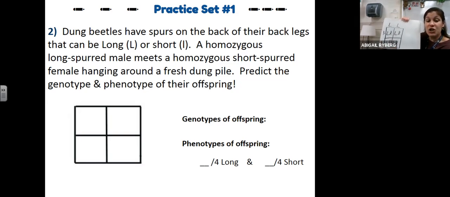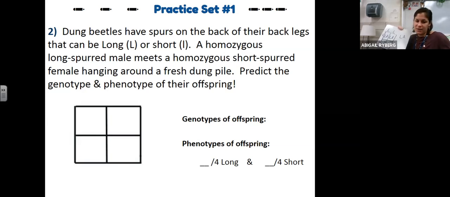And you can see the genotype of all of their offspring are going to be heterozygous. So no matter if these individuals had 300 babies, they would all be heterozygous. So the genotype of their offspring is big L, little l. And then you can see sometimes I'll ask the percentage of the offspring.